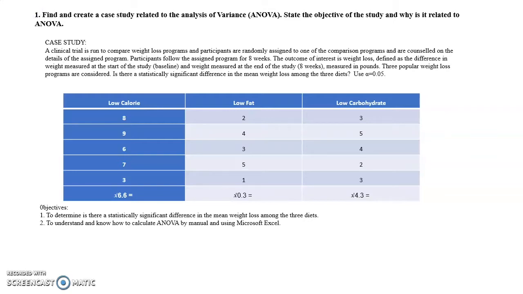Second, to understand how to calculate ANOVA manually by using Microsoft Excel. And why is this related to ANOVA? First, this data uses more than 2 means, which is 3 means of the data.